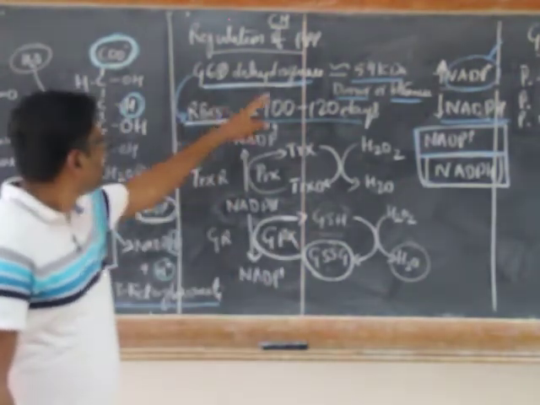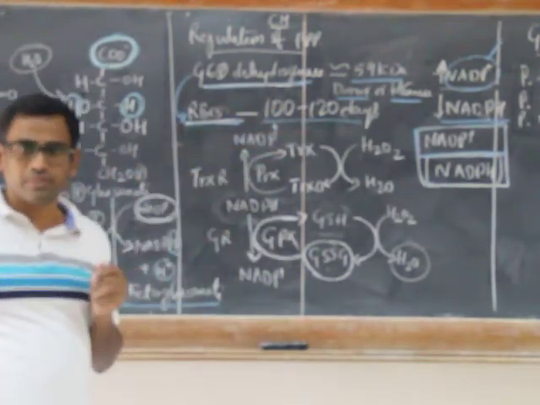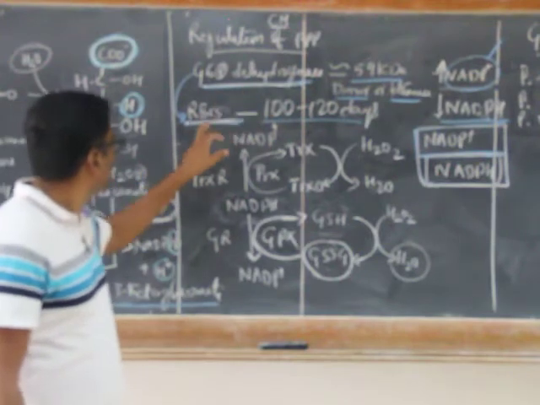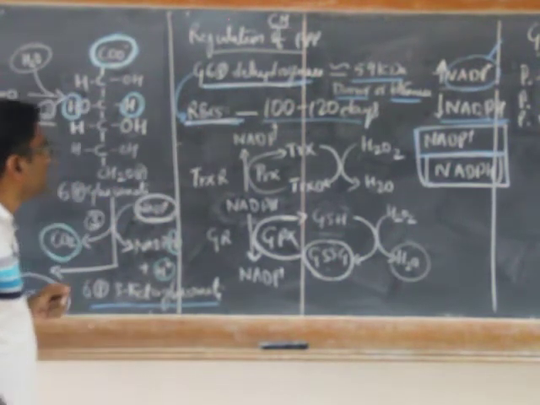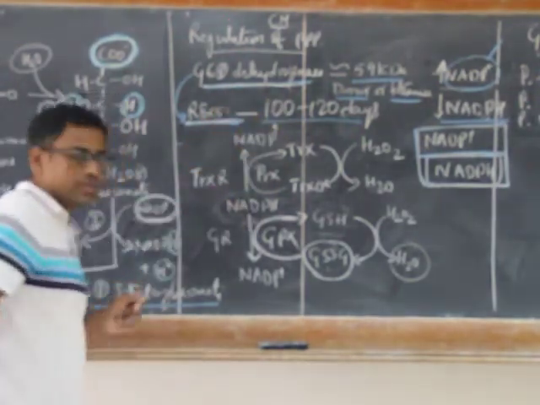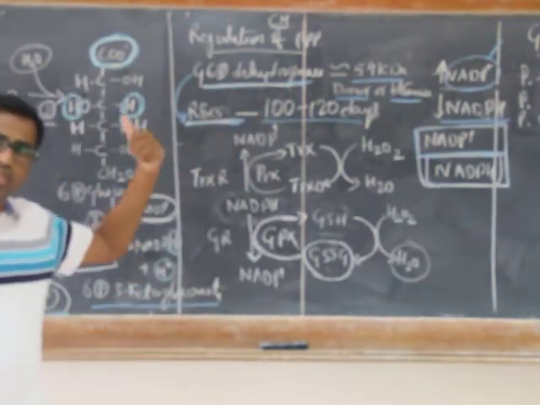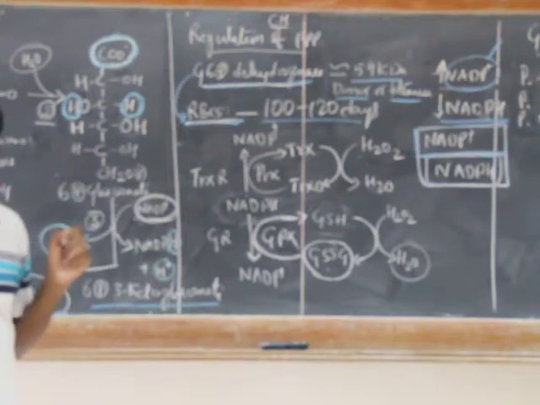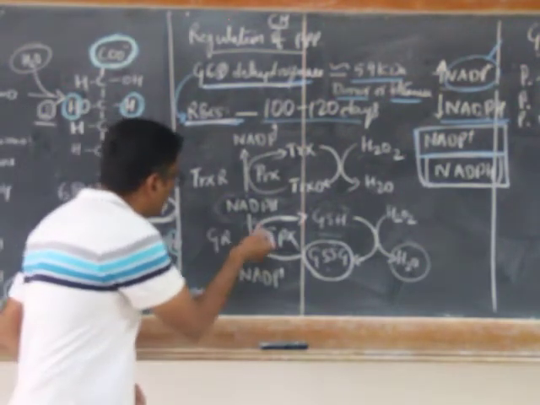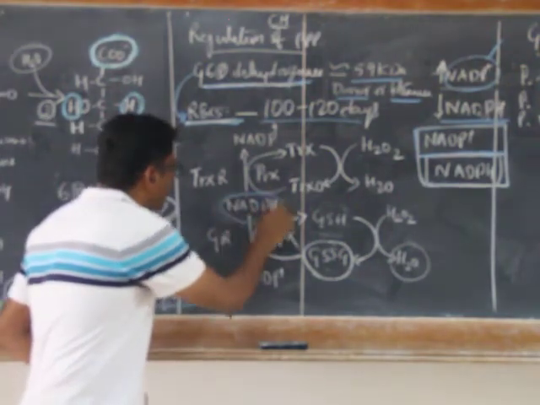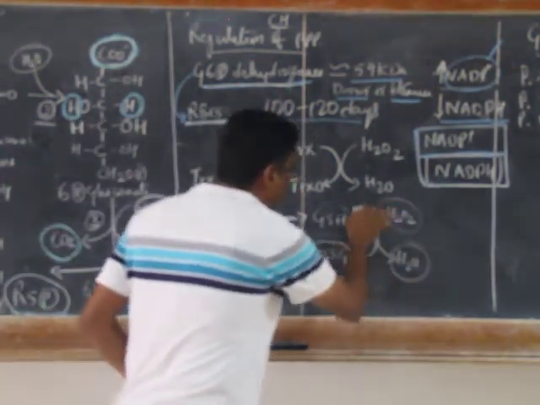There comes the role of NADPH, the role of glucose 6-phosphate dehydrogenase in RBCs. What happens here? Glucose 6-phosphate dehydrogenase catalyzes the first reaction of pentose phosphate pathway that generates NADPH. That NADPH is involved in reduction of H2O2.